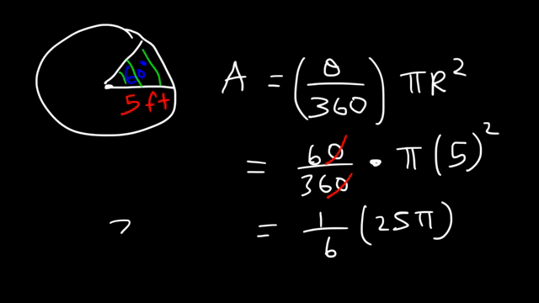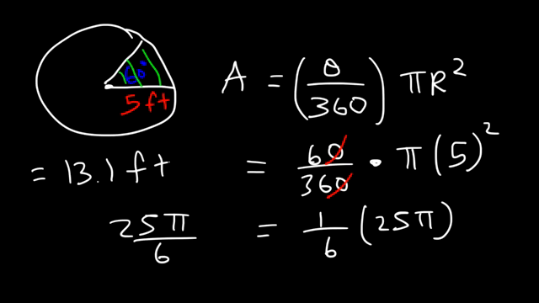So the answer is 25 pi divided by 6. And if you want a decimal value for that, multiply 25 over 6 by 3.14159. And you should get about 13.1 square feet, because we're dealing with area. Area has the units, square units, in this case square feet.